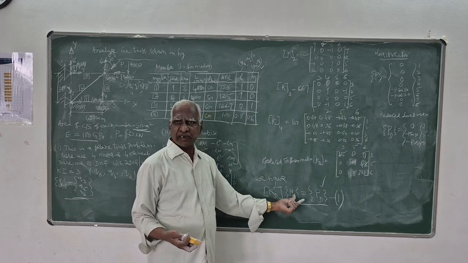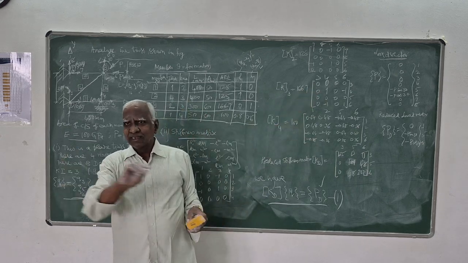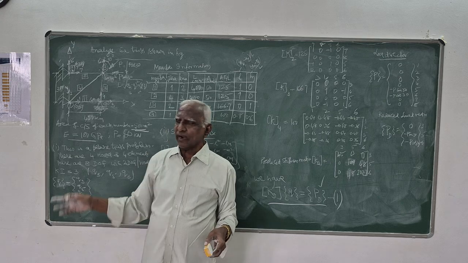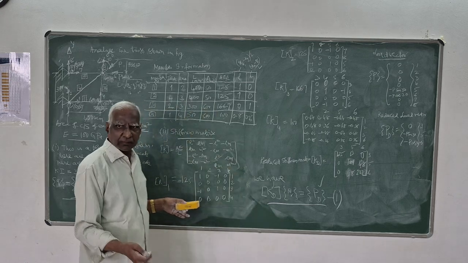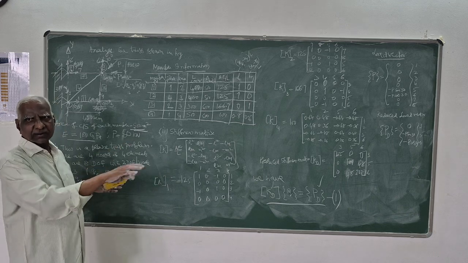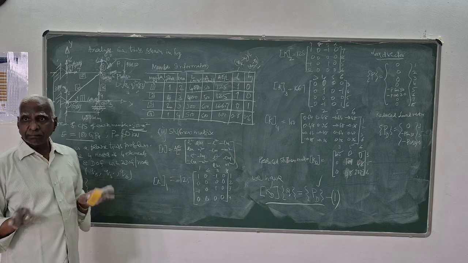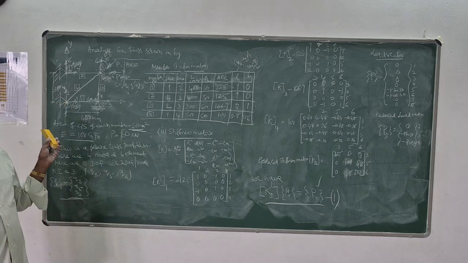And once displacements are known, all other displacements are zero. You take each member separately and find the stresses. I have given the formula to find the stresses or forces in each member. So this is the complete analysis of a plane truss.